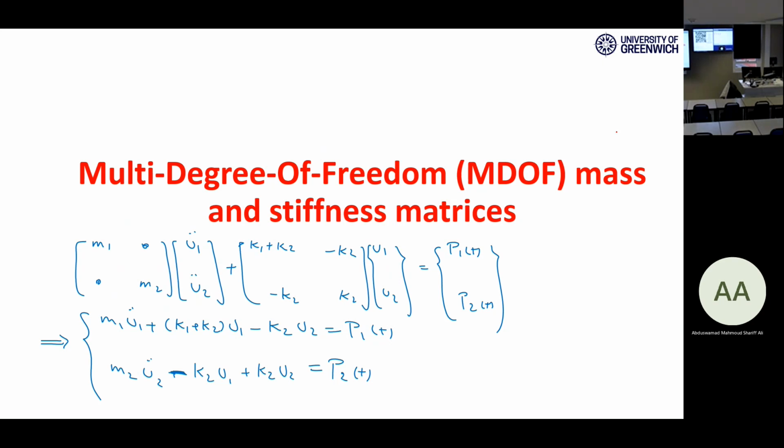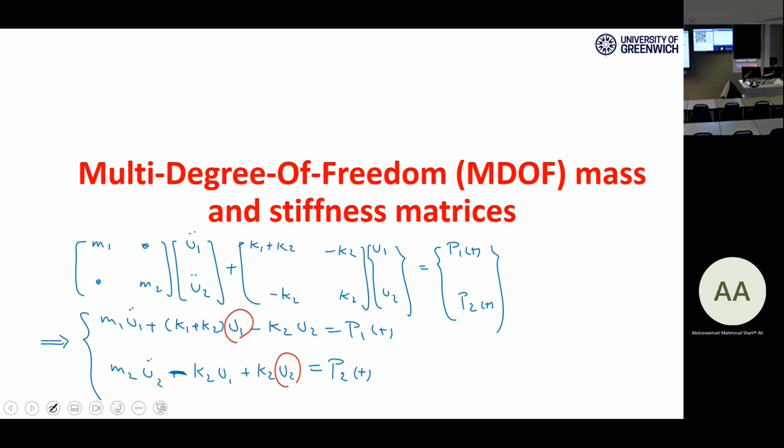First of all, this system of equations does not deal only with U1 and U2. It deals with the derivatives of them as well. We have double dot and possibly dot.